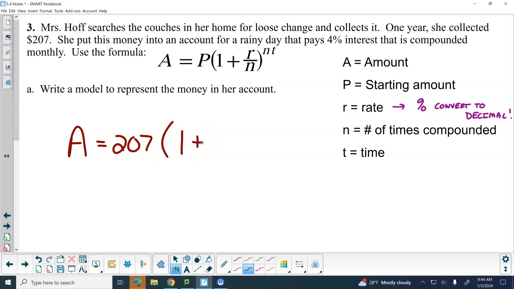R, what is our interest rate? 4%, so that is what as a decimal? 0.04. N is the number of times that it is compounded. If it is compounded monthly, how many times per year would it be compounded? 12.